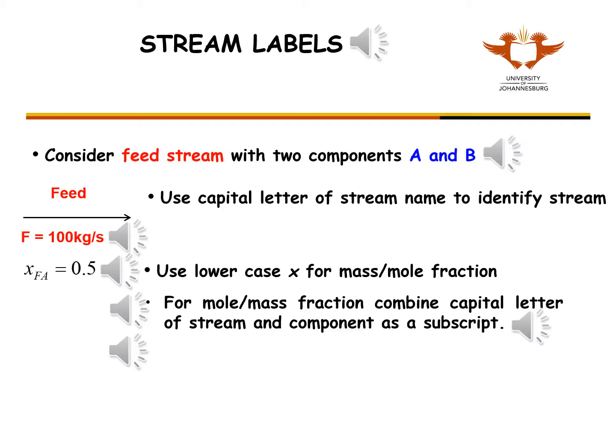In F, the mass fraction of component A is 0.5. Hence 50% of the stream mass consists of component A. In this example, the subscript is F, A. Capital F for the stream name, and capital A for the component.